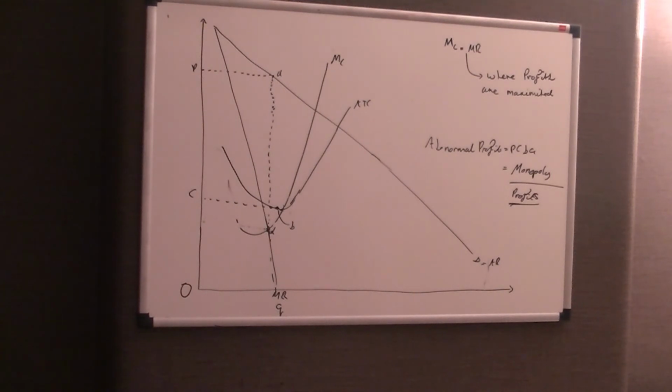The next question said, how many firms are in the market of pure monopoly? That's just one. List the features of a market of pure monopoly. Obviously, one firm producing slightly differentiated products.